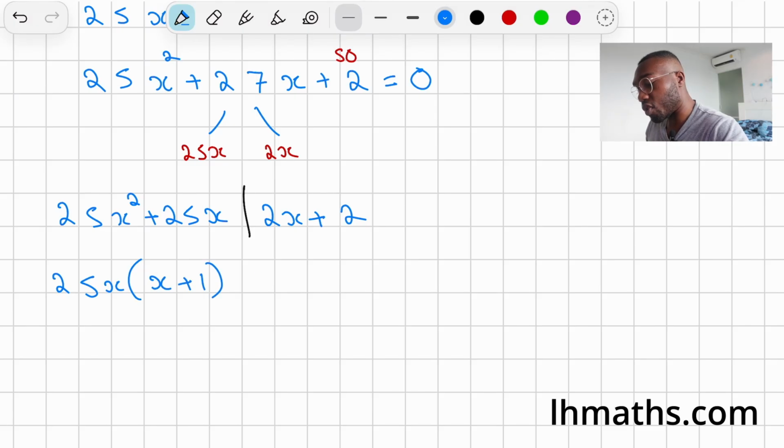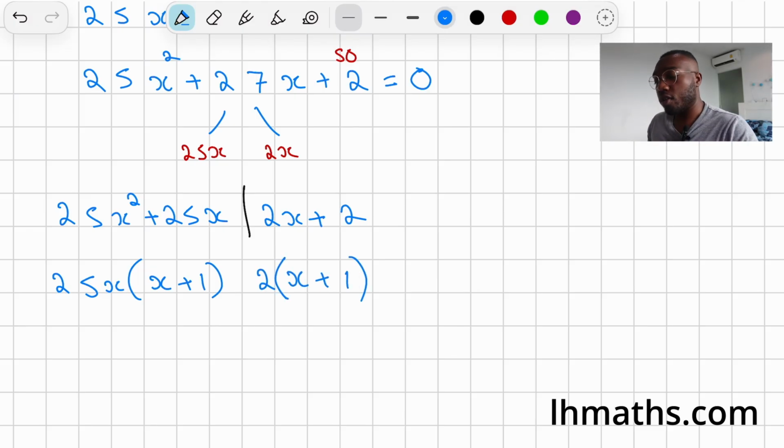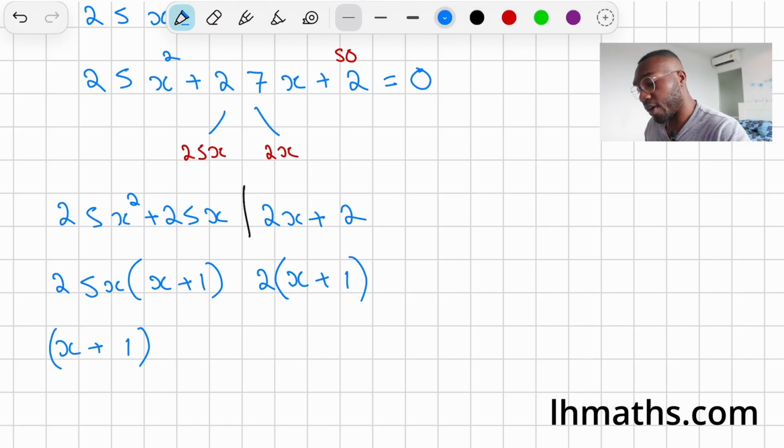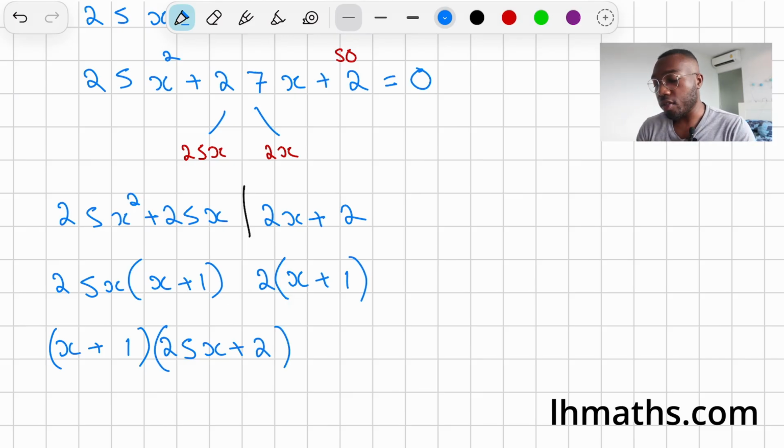If we take a factor of 2 out, we are left with x plus 1. So that means one of our brackets has to be x plus 1, and the other bracket has to be 25x plus 2.